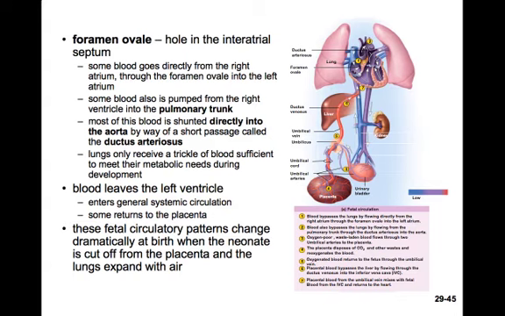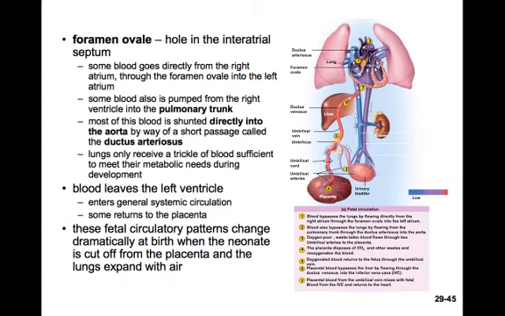Most of this blood is shunted directly into the aorta by way of a short passage called the ductus arteriosus. The lungs only receive a trickle of blood sufficient to meet their metabolic needs during their development, so just enough so that the tissue itself can grow. Blood will then leave the left ventricle and enter the general systemic circulation. Some of this blood will return to the placenta.